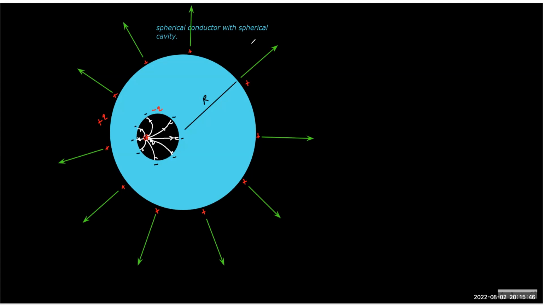And now there is the interesting thing. If I ask you what is the force between this charge q and the sphere, of course they will not do this whole induction process.